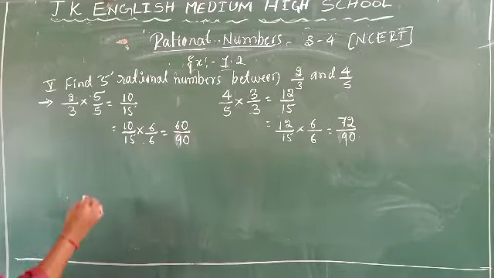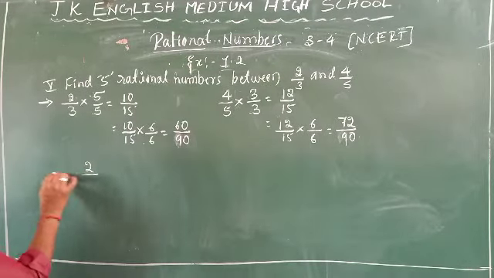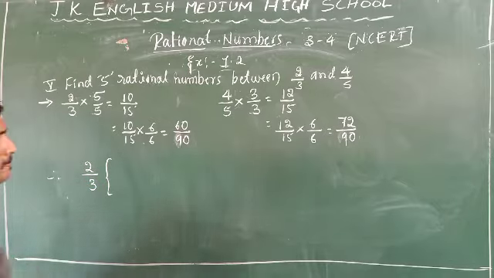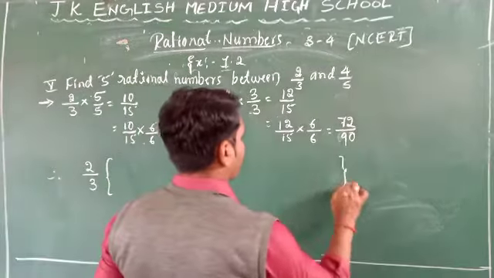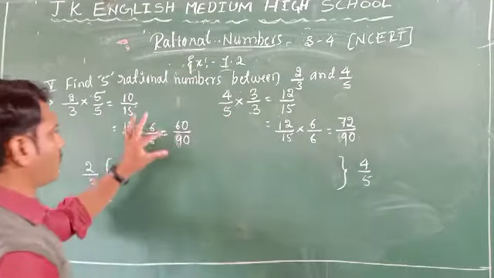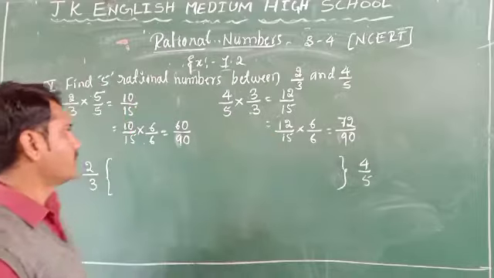Write the numbers. Therefore, 2 by 3 on this side and 4 by 5 on that side. Here 60 is there, that side 72 is there.